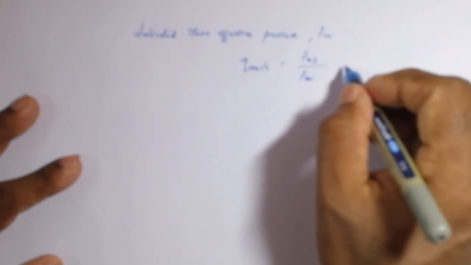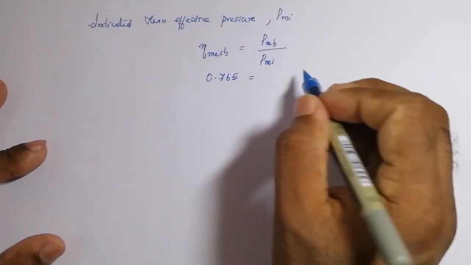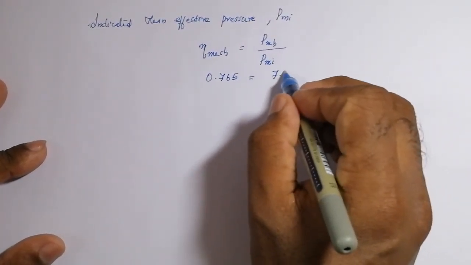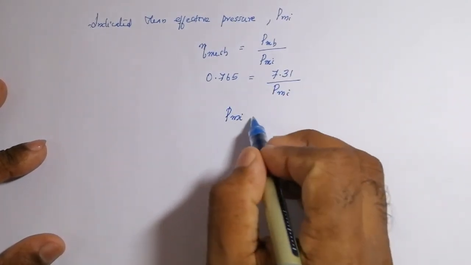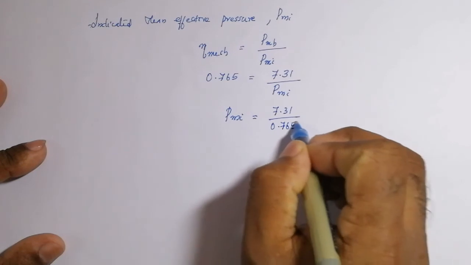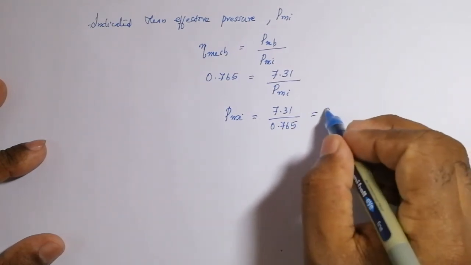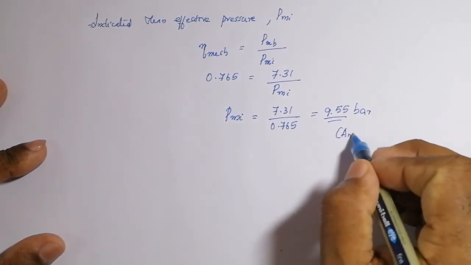The mechanical efficiency is 0.765. The brake mean effective pressure, which we have already found, is 7.31, divided by the indicated mean effective pressure. So the indicated mean effective pressure is equal to 7.31 divided by 0.765, which is 9.55 bar. So this is the final answer.